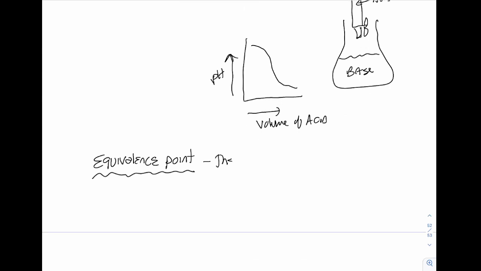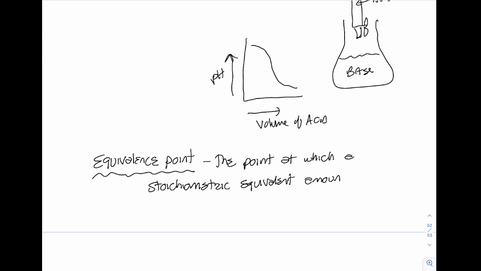The point at which a stoichiometric equivalent amount of acid and base have been added, which is just our fancy way of saying that the moles of acid are equal to our moles of base.